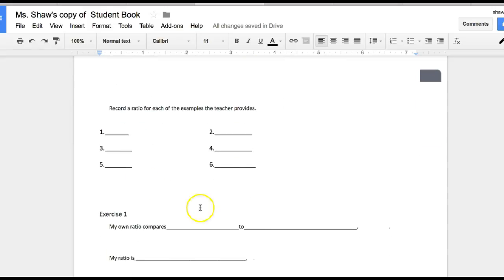Okay, let's move on down to record a ratio for each example that I provide. So I'll write it in, and then you can stop, write the ratio, and see if we got it right. Let's see, let's start with, this is going to look weird when I start doing it, but I'm going to do it anyway.